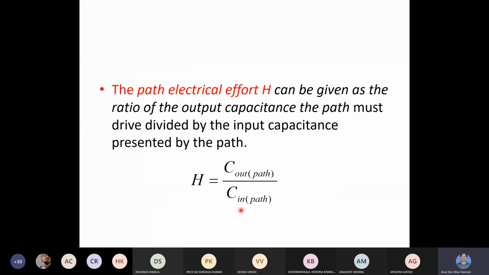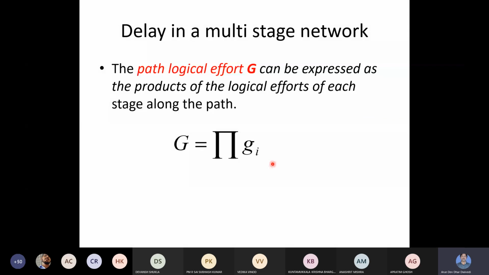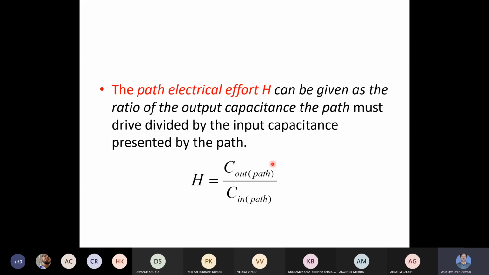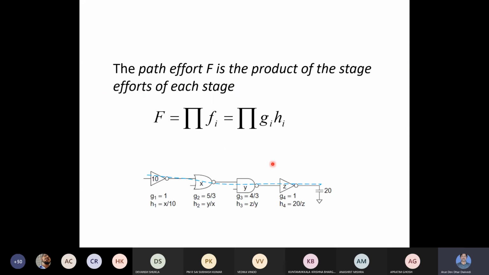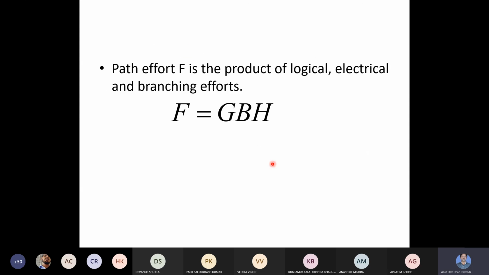We have also discussed delay in multi-stage logic, how to get logical effort, electrical effort, and path effort for multiple stages. Then branching effort, if there is a branch, and overall path effort including logical, electrical, and branching effort. All these we have discussed.